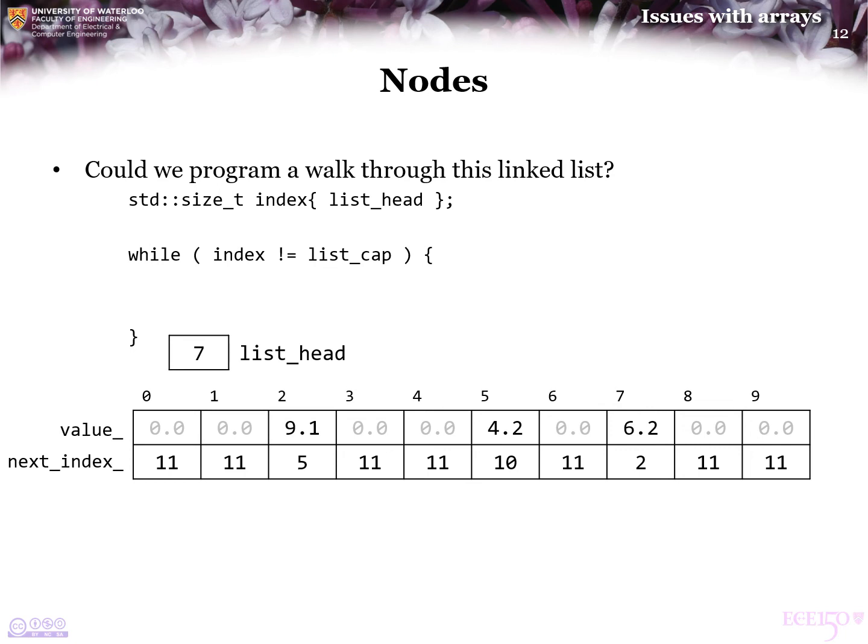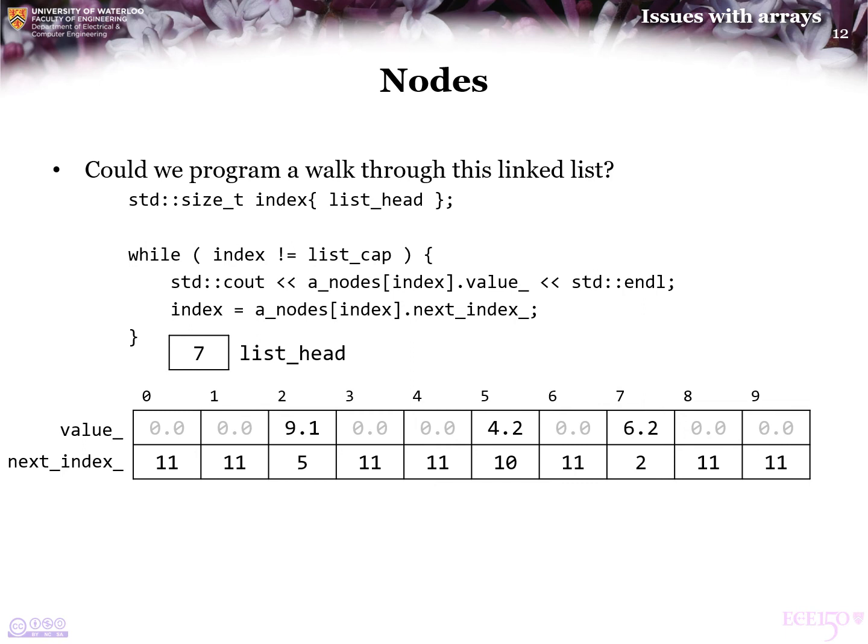So initially, list head is right now 7. Now, we are then going to print what is at index 7. Now, what do we have to update? Well, we have to update the index to be the index that 7 points to. That is, we have to set index equal to the current node's next index value. So now index is equal to 2.